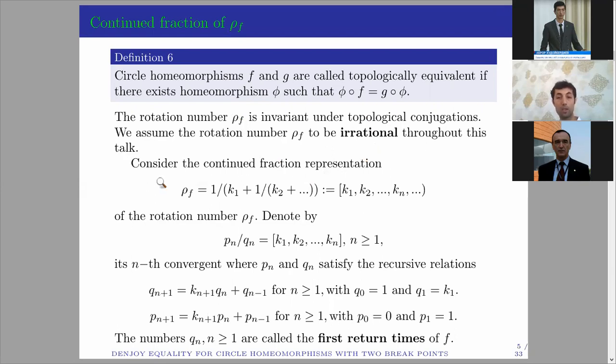Let's consider the continued fraction expression of rho, and let us denote by Pn over Qn the nth convergent, where Pn and Qn satisfy these recursive relations. And the Qn are called the first return times of the homeomorphism f.